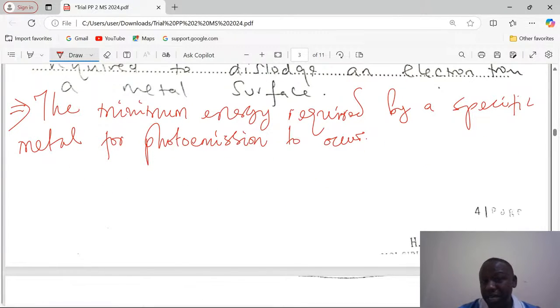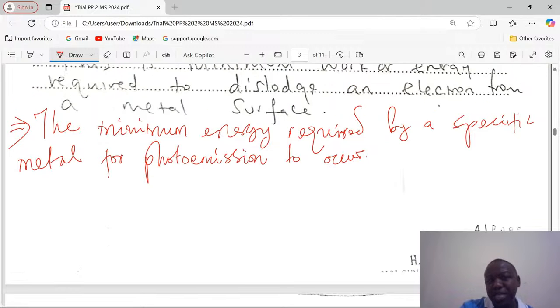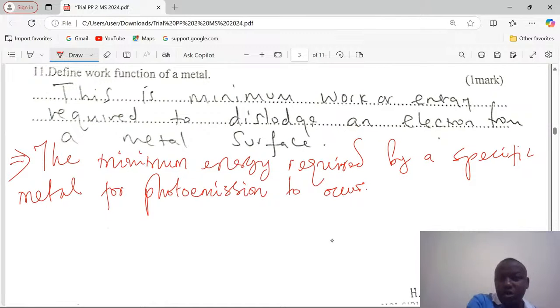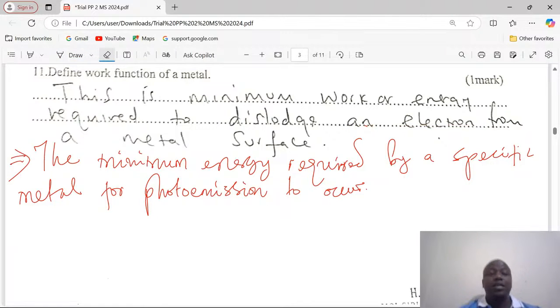Remember, when we say that an electron is dislodged from the metal surface, we can also say to dislodge an electron.